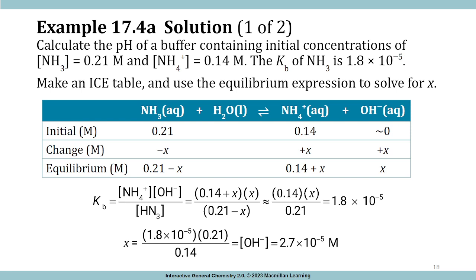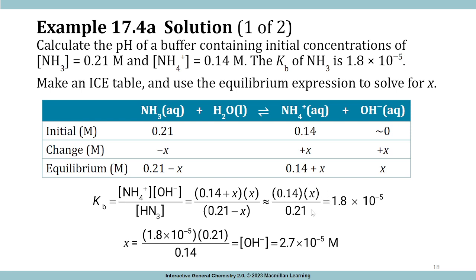Yeah. We'll prove that a bit more in a bit. So we get 1.8 times 10 to the negative 5. Again, this is going to be 0.14 here. We can get rid of the plus x. The minus x we can go ahead and assume we don't need to do. It's not important. It's not a large enough value to affect our results.